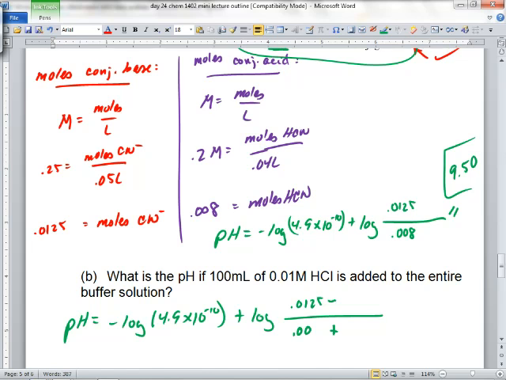Notice how the problem is exactly the same. You just have to change the moles of conjugate base a little bit. Its amount is going to go down. It's reacting with the strong acid, and then we're forming the conjugate acid of F minus.